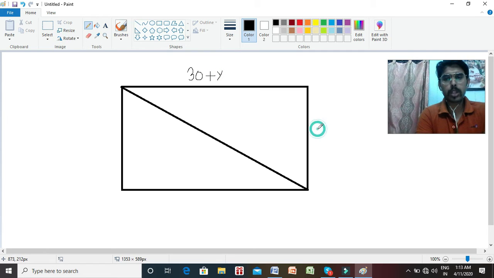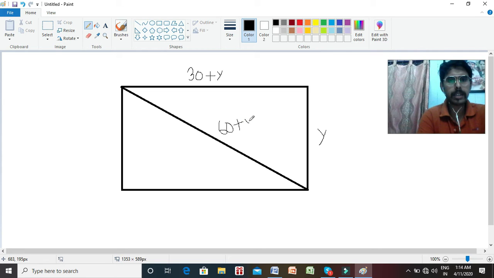So if we have taken the shorter side as y, let the width be y. And the diagonal is 60 meters more than the shortest side again, so 60 plus y is the diagonal.